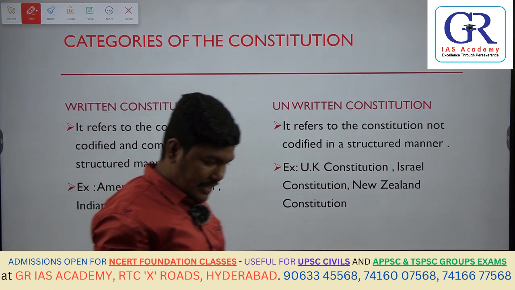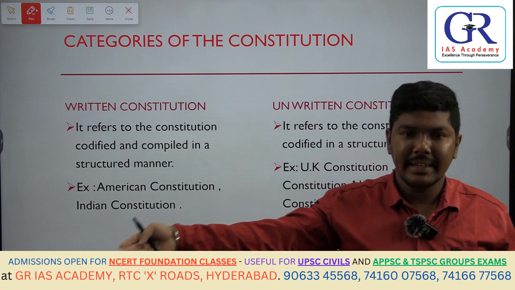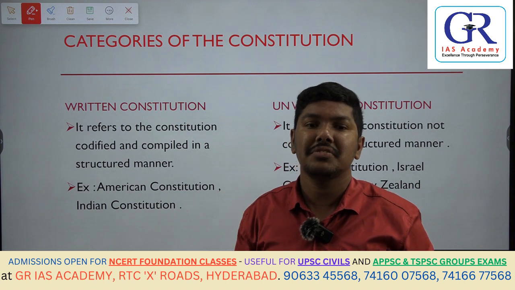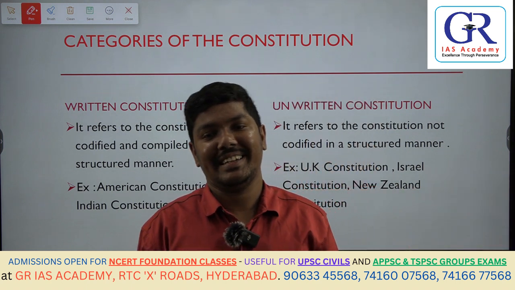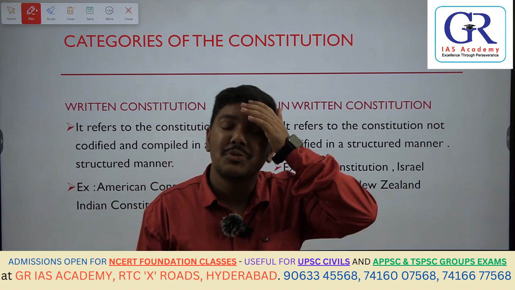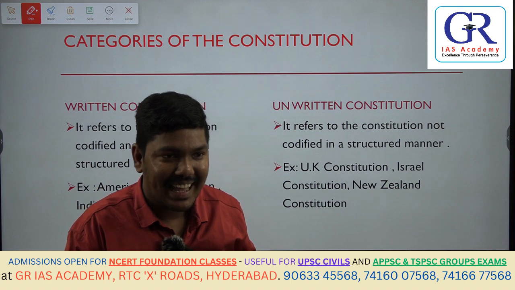What is a written Constitution and an unwritten Constitution? Examples for the written Constitution are the Indian Constitution and the American Constitution. An example for the unwritten Constitution is the British Constitution. British, Israel, New Zealand, their constitutions were not written, and that was an unwritten Constitution.